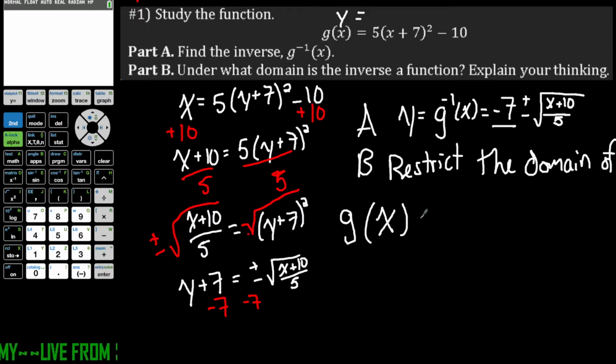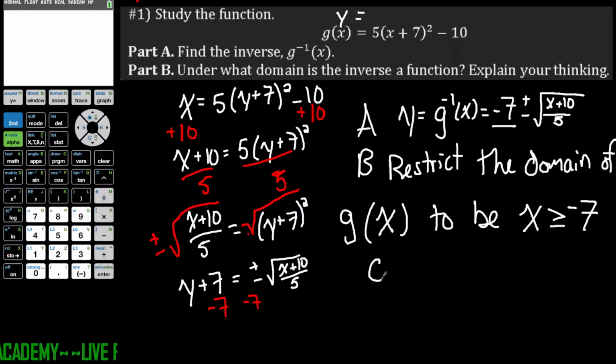Restrict the domain of g of x so that x is greater than or equal to -7, or you can say x is less than or equal to 7.